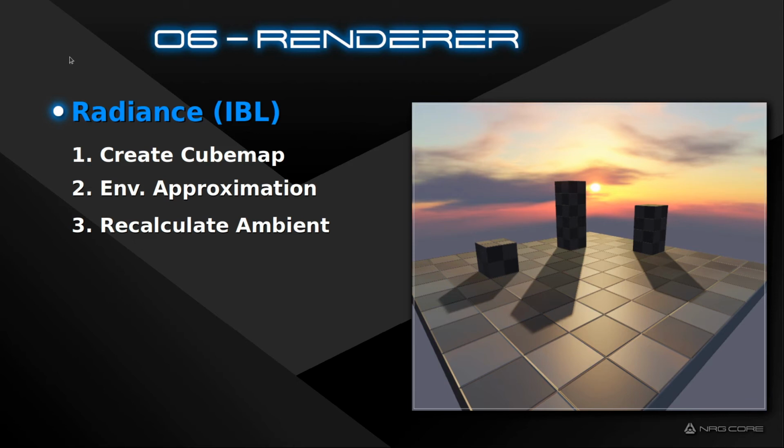For that, we're going to first create a cube map using our texture that we're using for our horizon. Then we are going to implement environment approximation to be able to calculate the BRDF for our current reflection vector. And we are going to apply that to recalculate our ambient term.